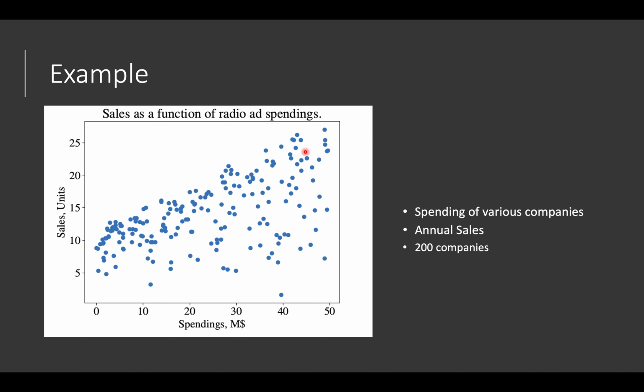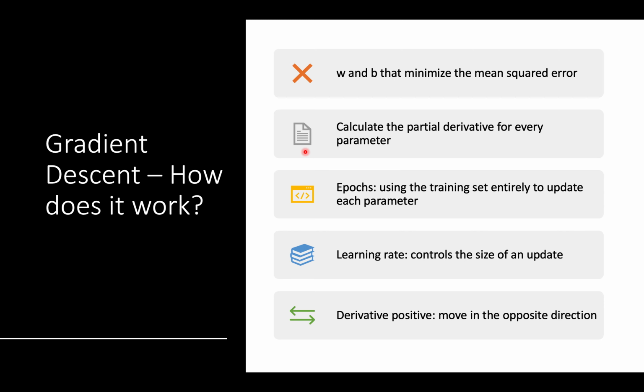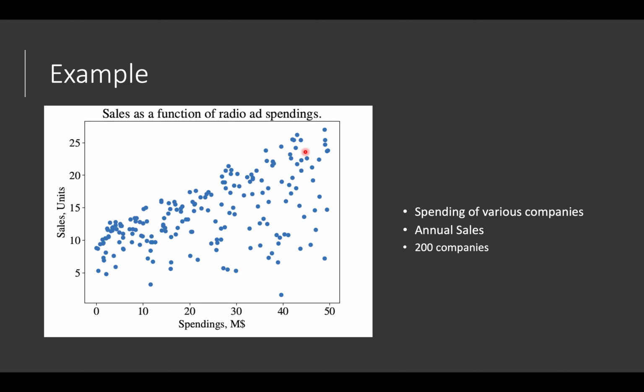We want to build a regression model that we can use to predict units sold based on how much a company spends on radio advertising. We have 200 companies, and each company has, as I said, a spending in millions and the sales units.